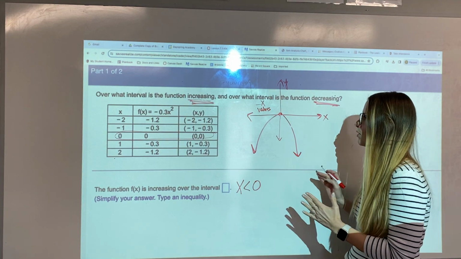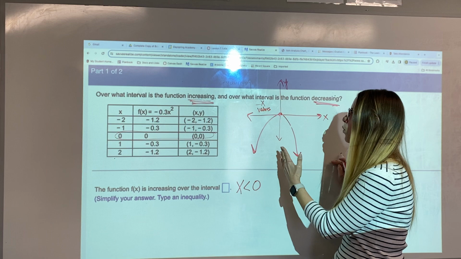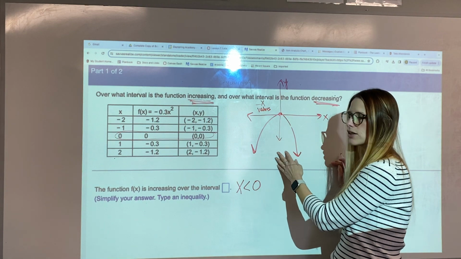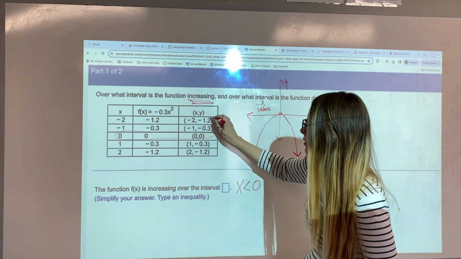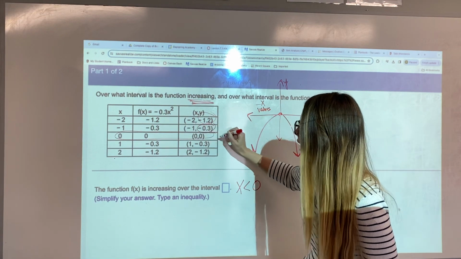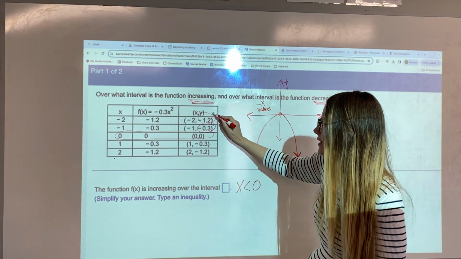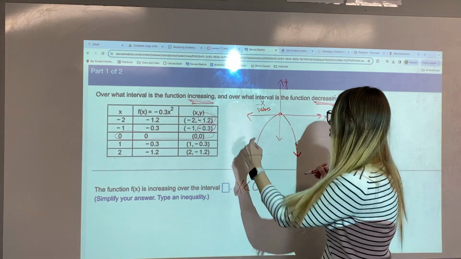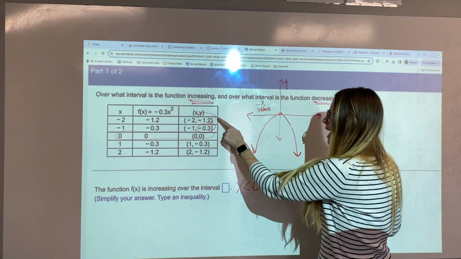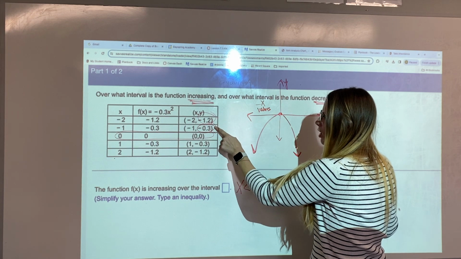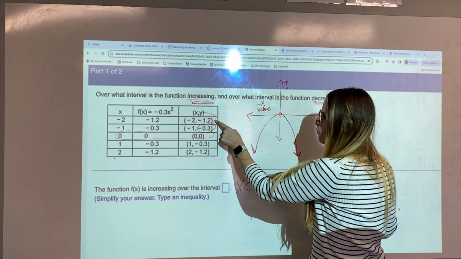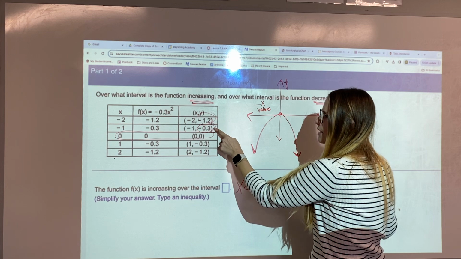So when you look at the graph, you can look at the output values here, and you can see that as x approaches 0, reading from left to right, these numbers are getting higher. Negative 1.2 is lower than negative 0.3.